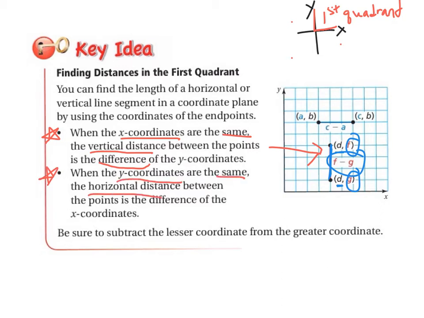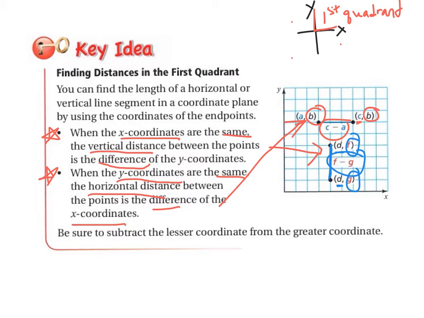The second key idea here is that when the y coordinates are the same, then you could be able to find the horizontal distance, again, by looking for the difference, which is subtraction, of your x coordinates, and that is shown right up here, that if you've got, whoops, I circled the wrong one. If you've got 2 matching y coordinates, so in this case B, then if you just subtract your 2 x's, C minus A, and of course right now you're going to want to put the bigger number first, which will be always the one that is farther to the right here.